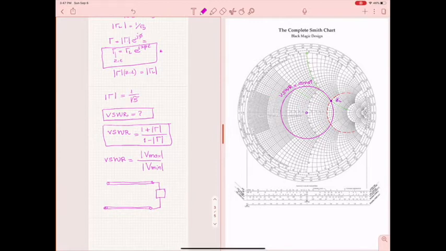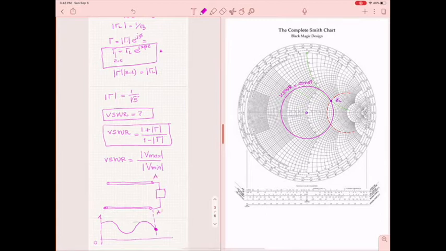Depending on the phase of your reflection coefficient at the end of the line, it may start here or somewhere else.